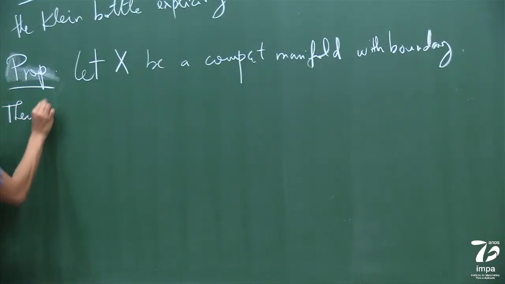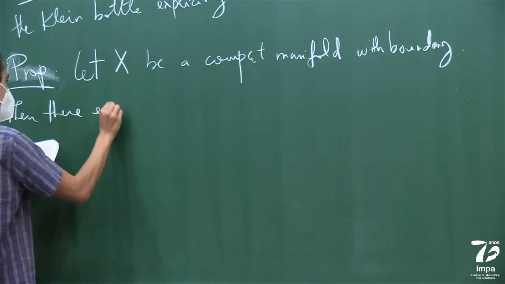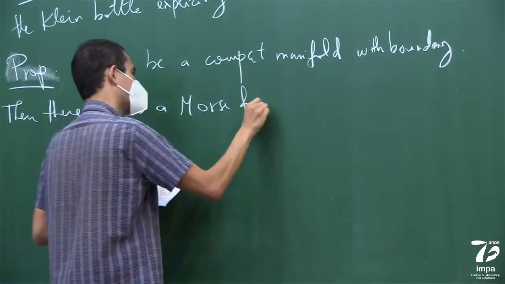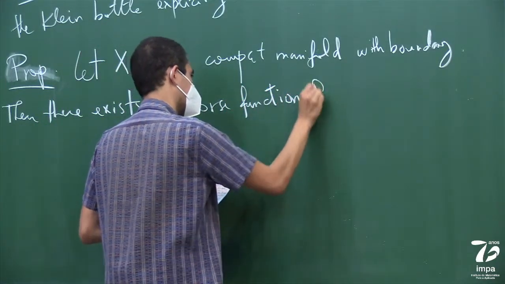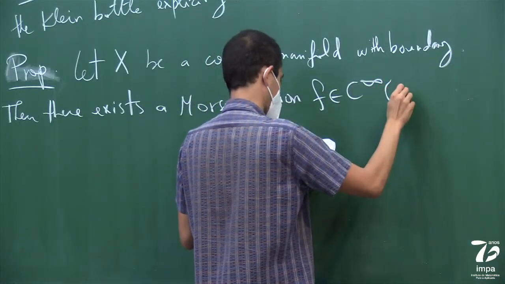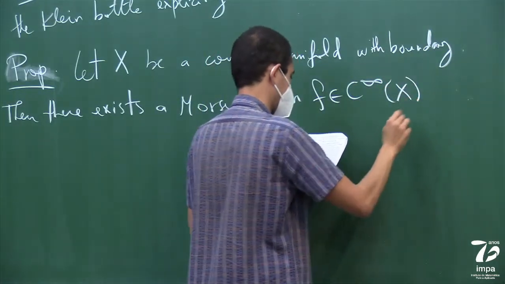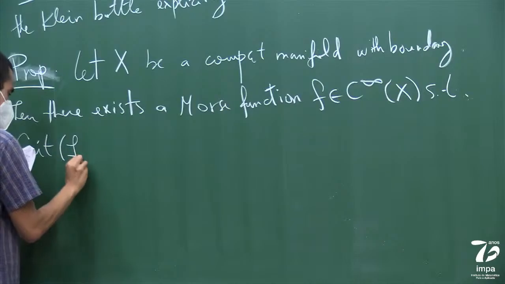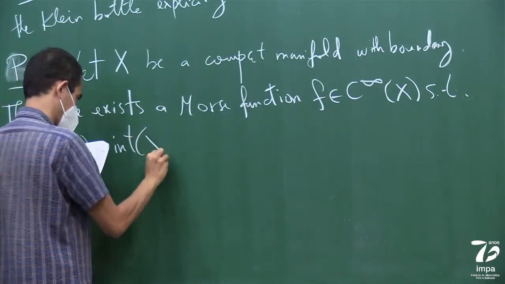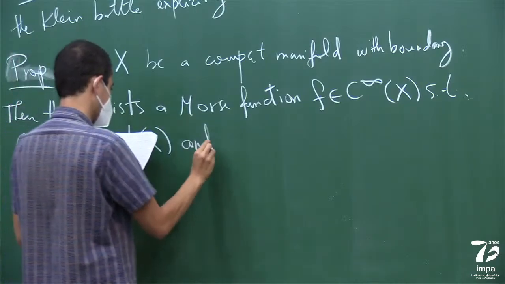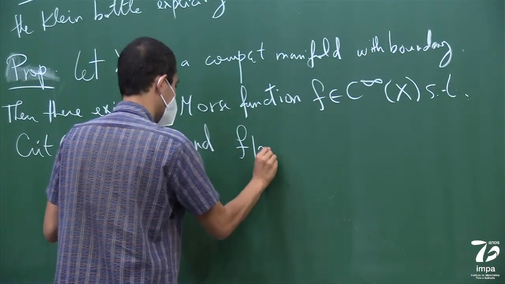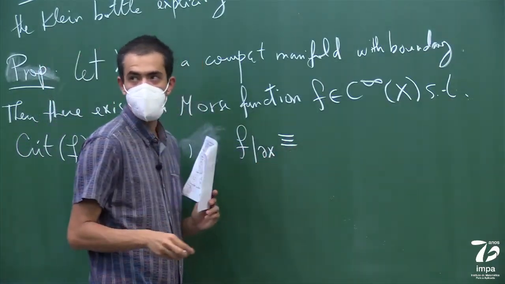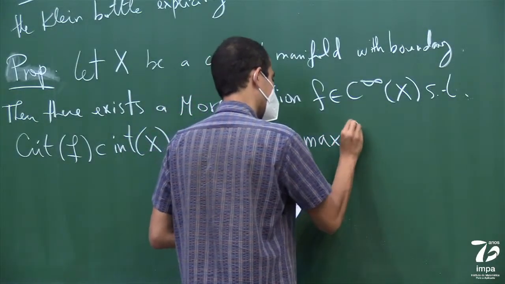Then there exists a Morse function such that the critical points are in the interior of X, and F restricted to the boundary is identically equal to the maximum, so it attains the maximum exactly at the boundary.